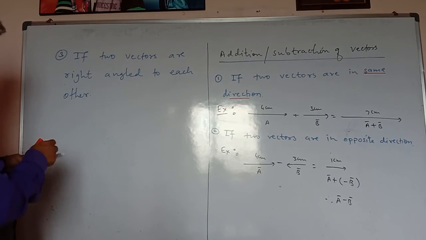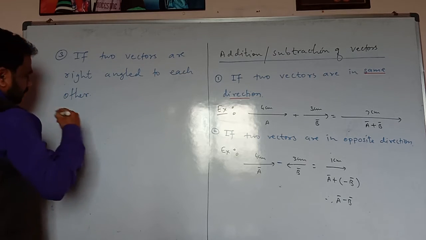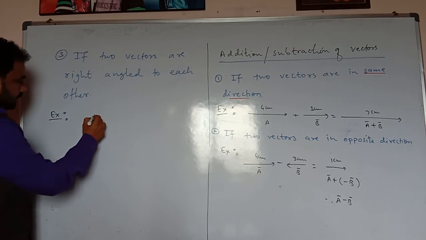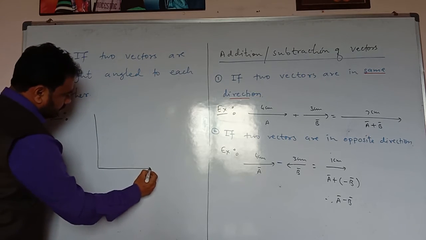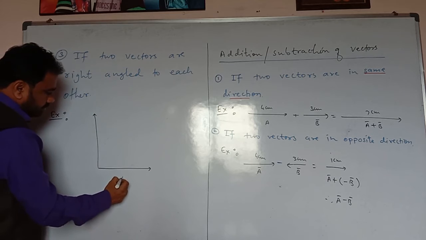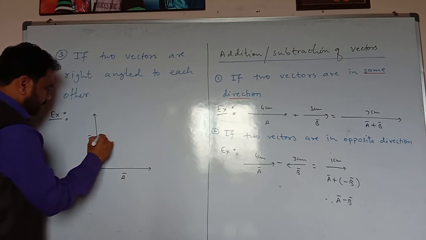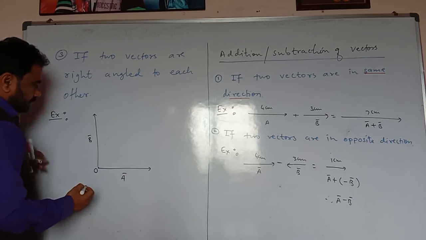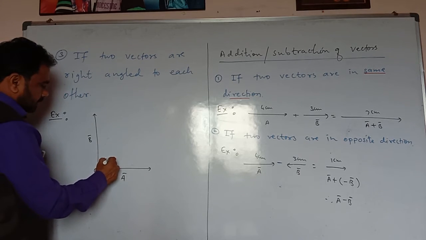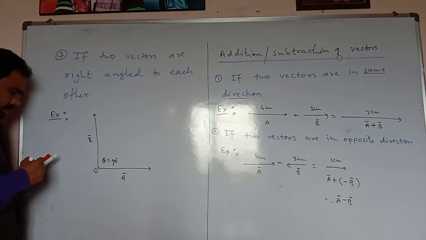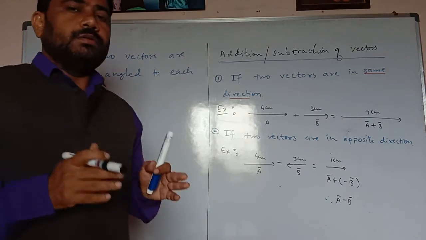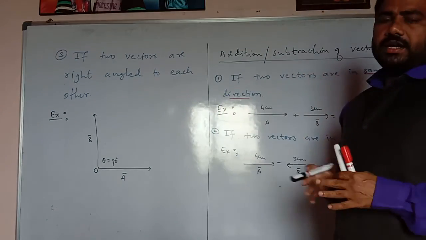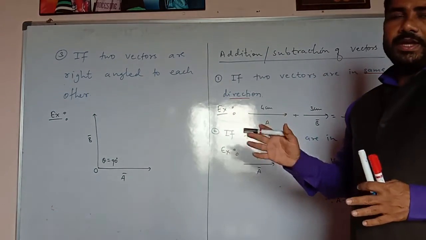So we are taking two vectors like this, and they are right angle to each other, means vector A is there, vector B is there. In such a case, the angle of inclination theta must be 90 degree. So we can say that both vectors are perpendicular to each other, or right angle to each other. Now how can we add them?